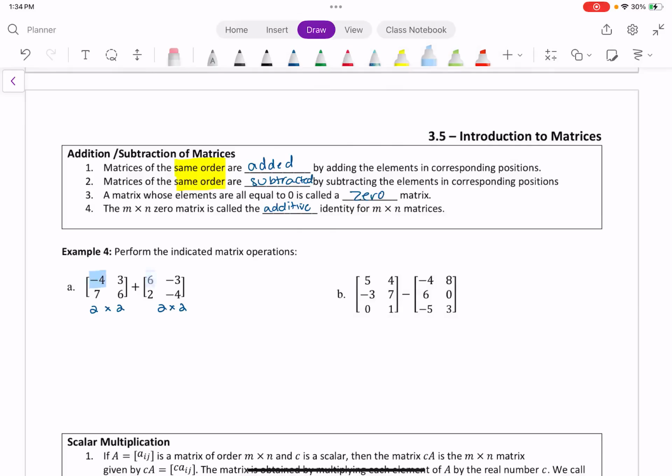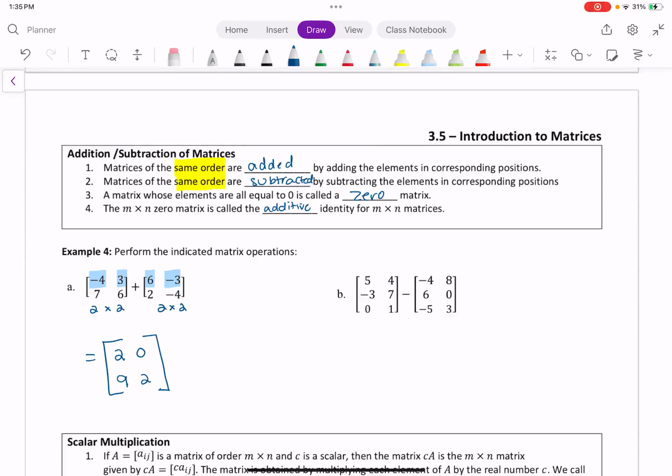So -4 plus 6 is 2. 3 plus -3 is 0. 7 plus 2 is 9. And 6 plus -4 is 2.